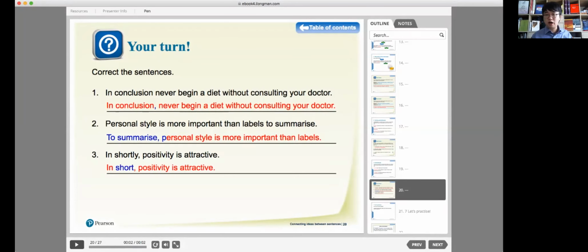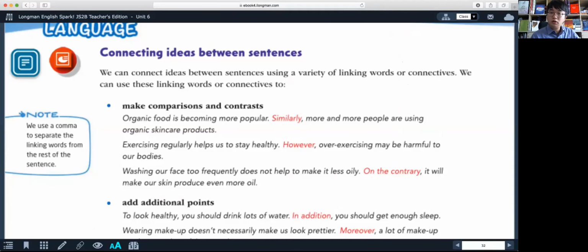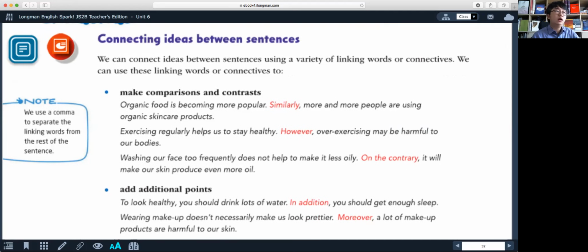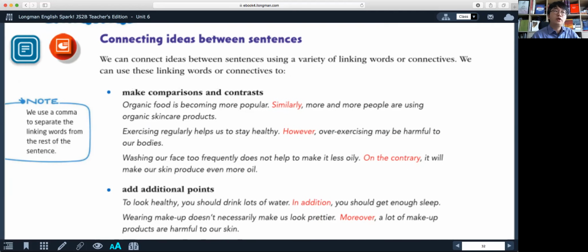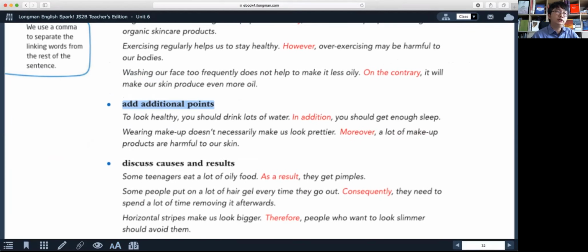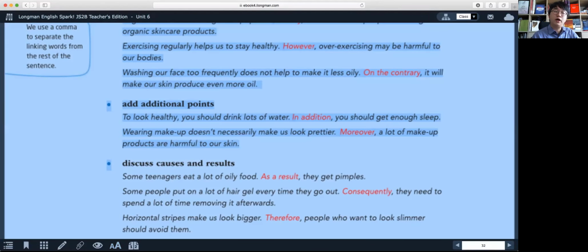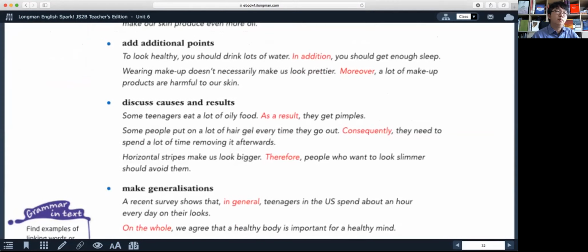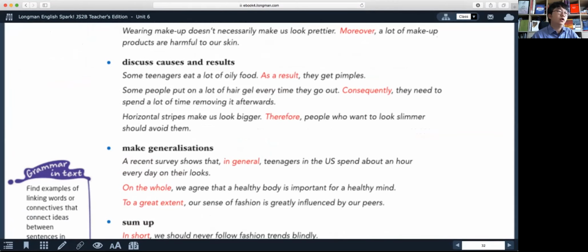All right, now let's go back to our book. Please look at page 32 again. In fact, the PowerPoint slides that I showed you are the same as the ideas here. I've talked about connectives to make comparison and contrast, add additional points, discuss causes and results, make generalizations, and also to sum up.